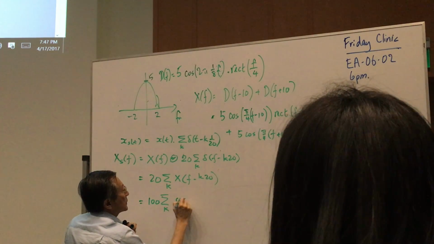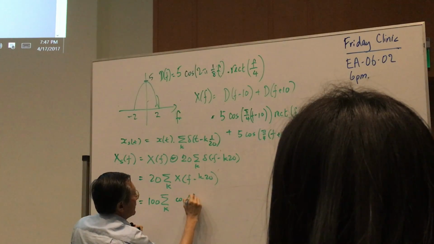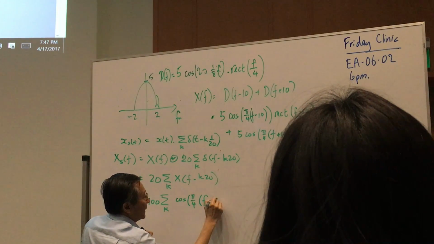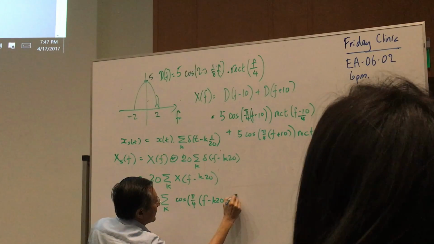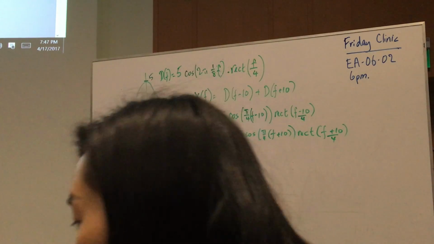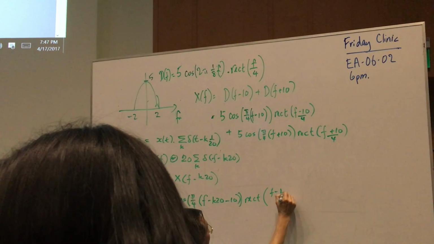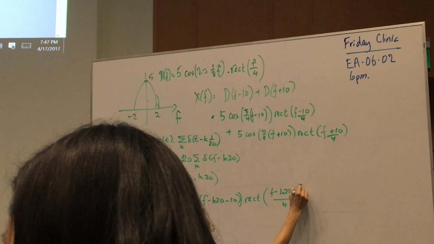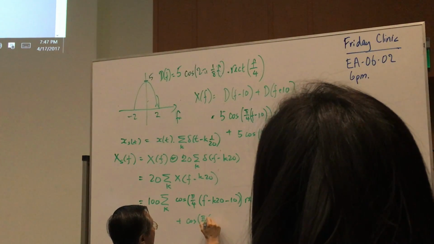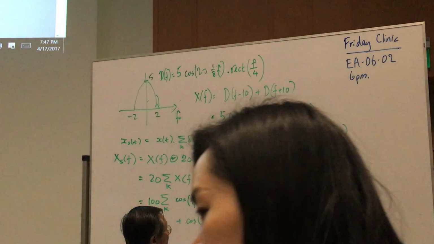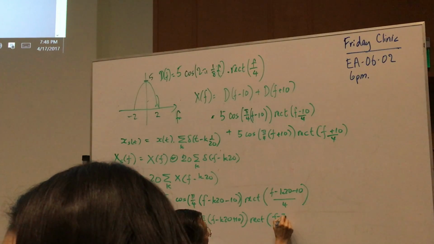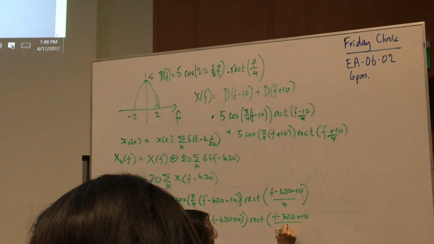So I have cos(pi/4) times, where I see f, I replace by this: rect((f minus k20 minus 10)/4), that's the first part, plus cos(pi/4) rect((f minus k20 plus 10)/4).